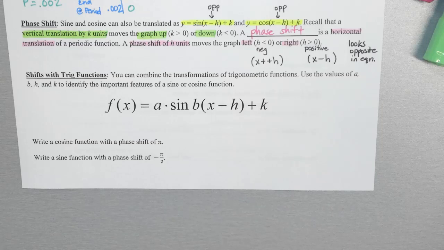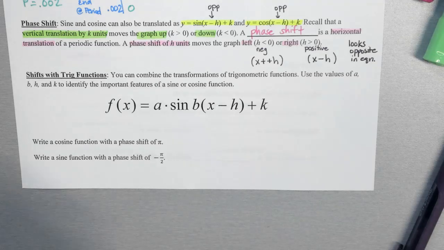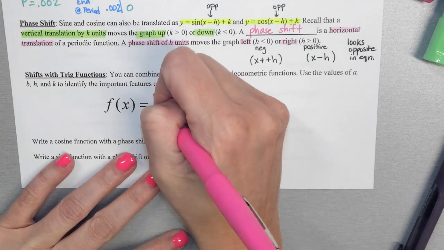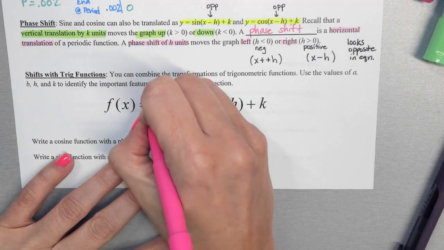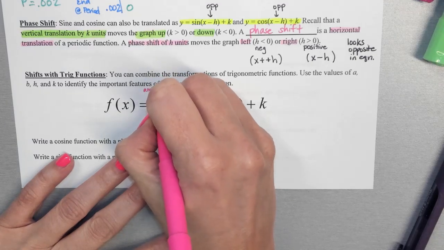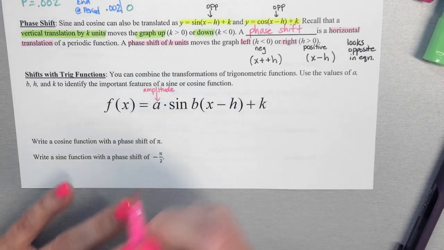Okay, so when we are doing these shifts with trig functions, you are going to combine some of the transformations, and we're going to use these values of a, b, h, and k to identify some important features. So remember from earlier that a is going to be the amplitude.